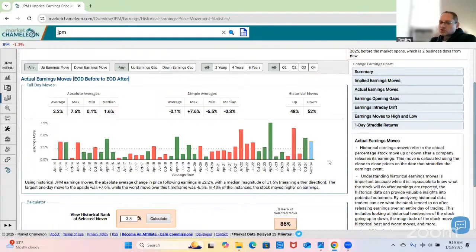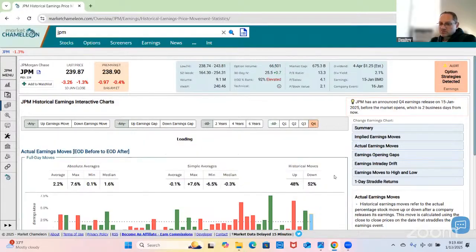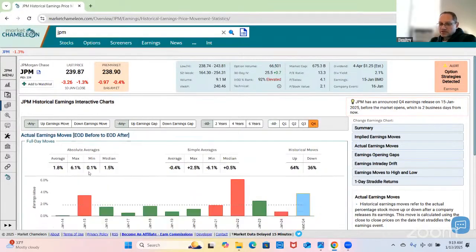If we wanted to narrow this down to fourth quarter and see if these change, we could press on this, Q4. Then this retrieves just Q4 data for us and recalculates the summary stats. So you could see here, the average move, 1.8%, not as high as if we averaged all the moves out.